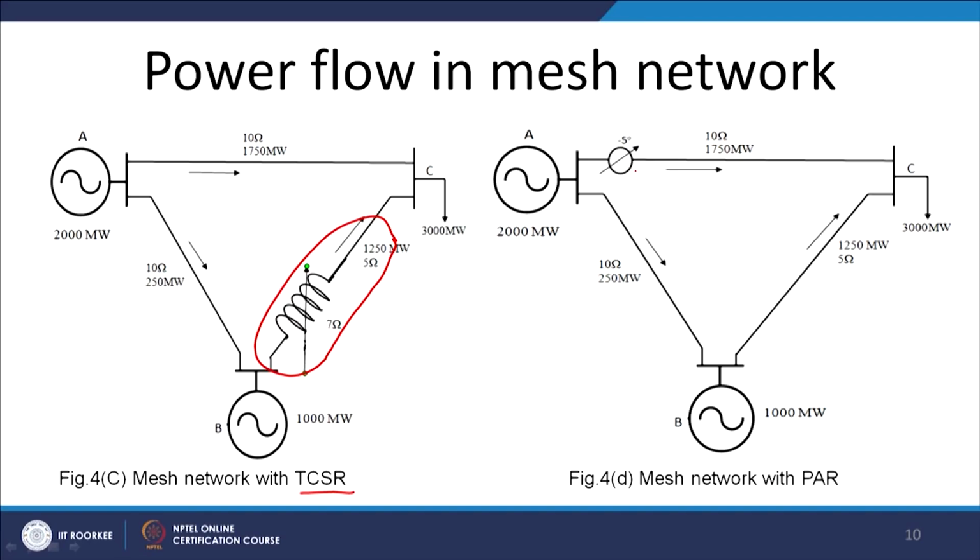Here the advantage is that stability is more, but since impedance has been increased, the losses will be more. But another solution can be given by a phase angle regulator.